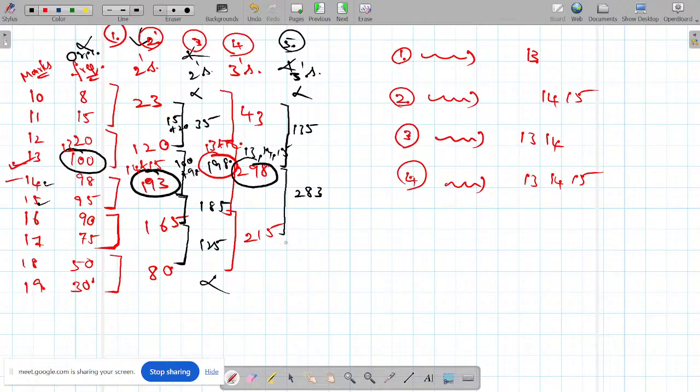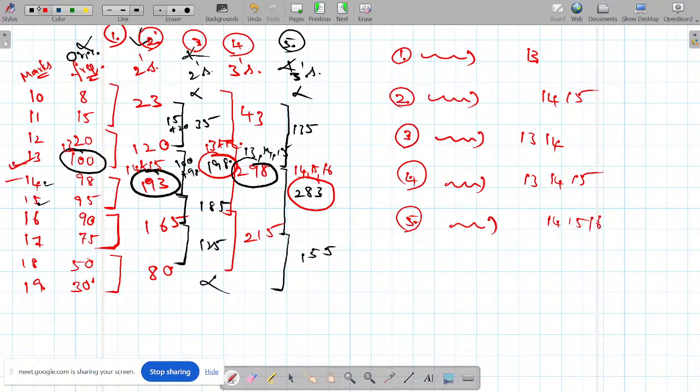And another three: 17, 18 and 19, that's 150, 155. If I do it this way, what would be the modal value? 283, with respect to 14, 15 and 16. So this is for the fifth group, referring to 14, 15 and 16.